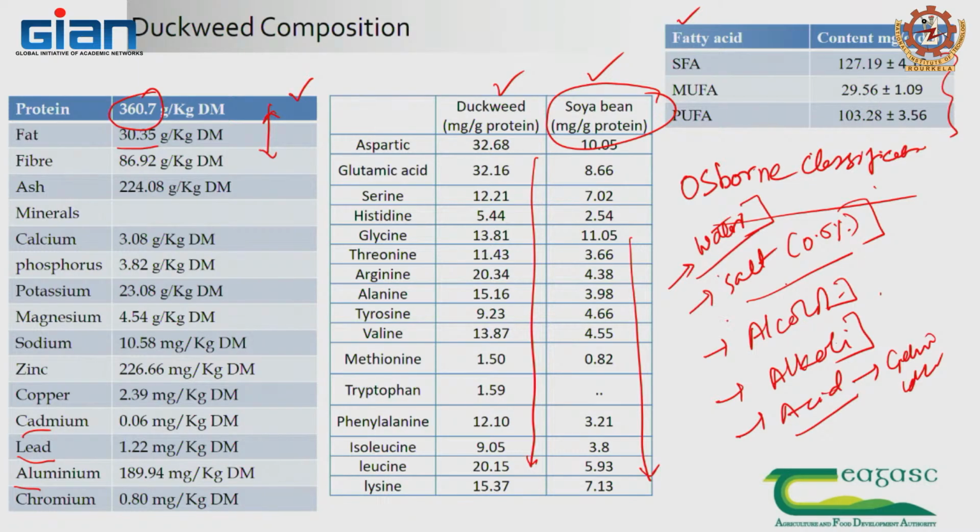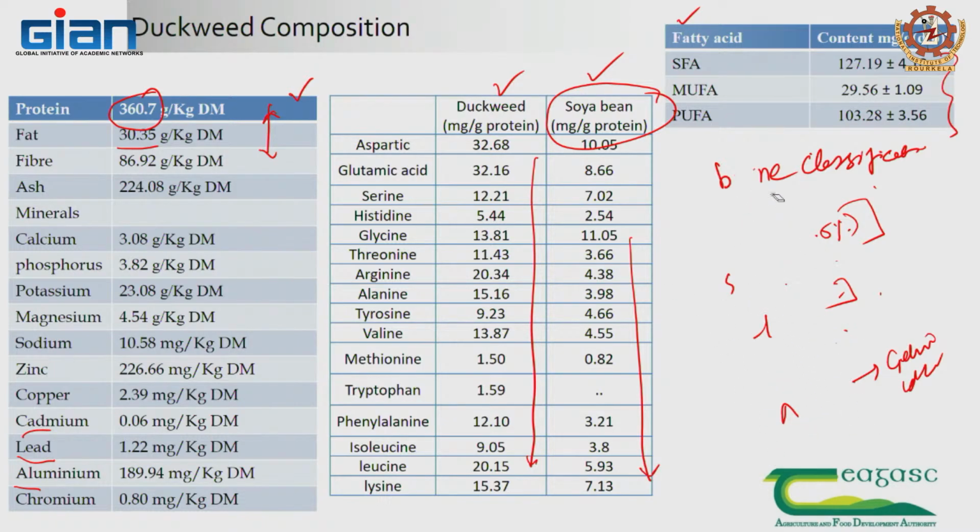Okay. So, that is why if you do Osborne classification, then you know what type of protein is there in a biomass. Luckily, you do not have to do it because the majority of the work is already in the literature. But I always advise anyone in our group working on protein extraction to do this first, because it is an important exercise to identify the different types of protein.